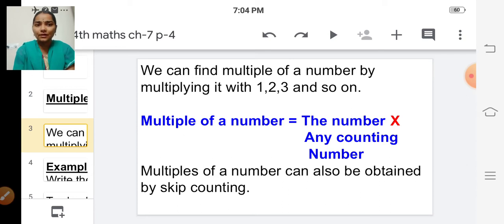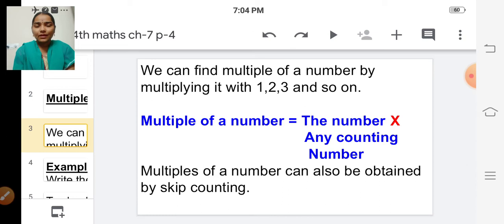So multiple of a number is equal to the number into any counting number. Any counting number means 1, 2, 3, 4 etc.